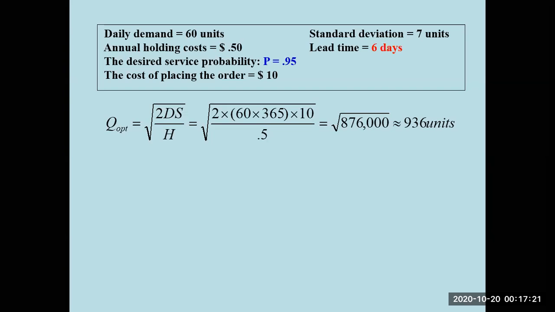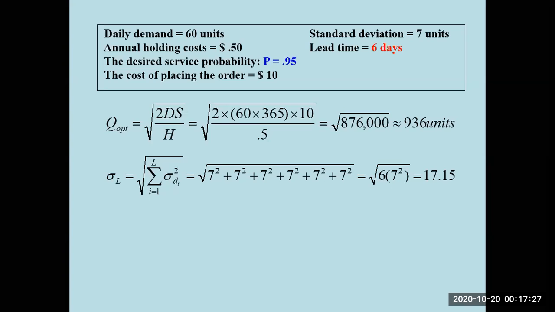And for the reorder point, we need the standard deviation during lead time, which equals the square root of the sum from 1 to L of the standard deviation squared. So the standard deviation is 7, squared is the variance, and add it L times: 1, 2, 3, 4, 5, 6, because lead time is 6.